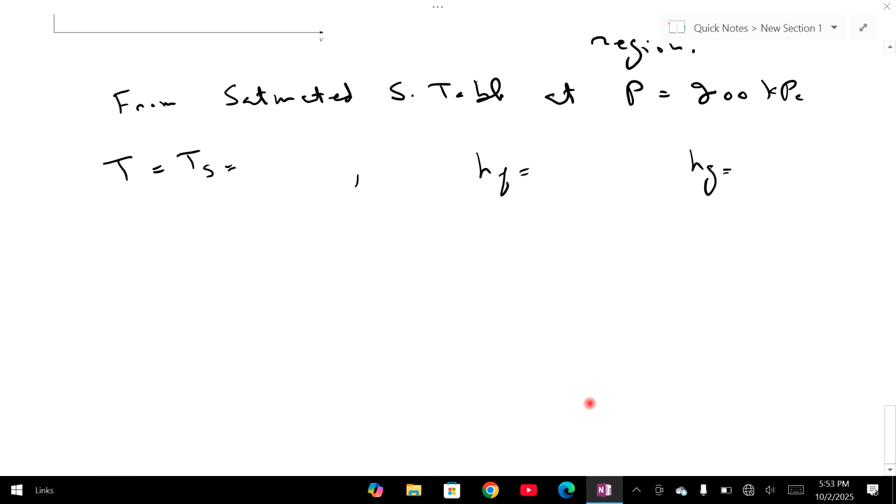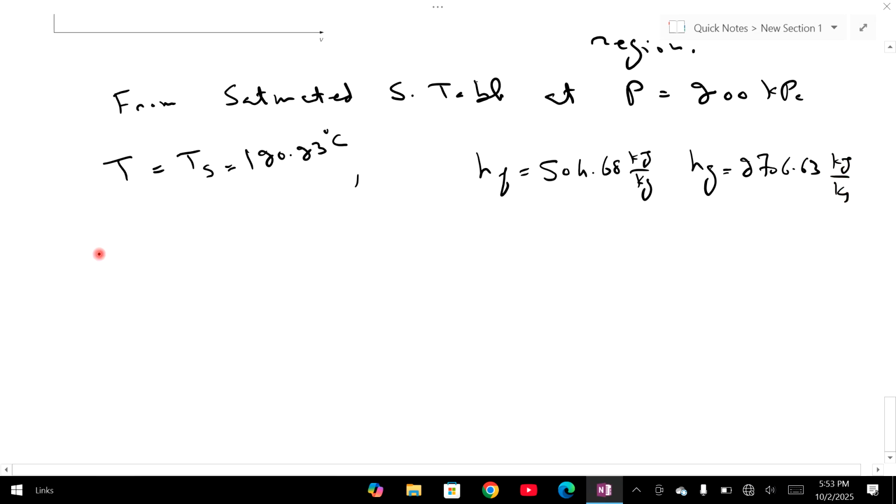So temperature is 120.23 degrees centigrade, hf is equal to 504.68 kilojoule per kg, and hg is equal to 2706.63 kilojoule per kilogram. The formula for h in the wet or saturated region is h equals hf plus x times (hg minus hf).